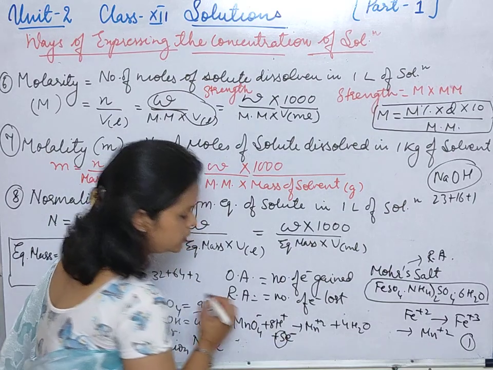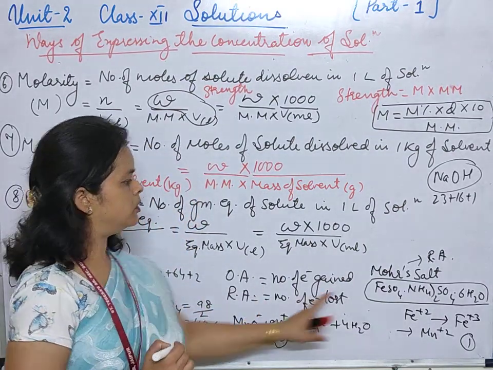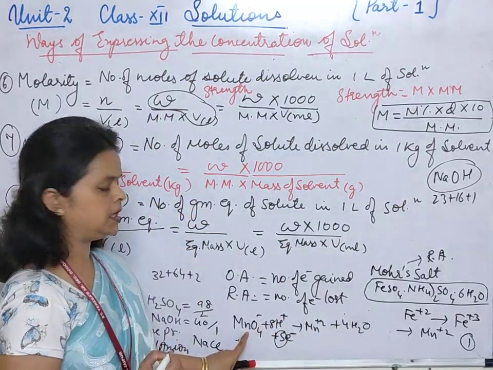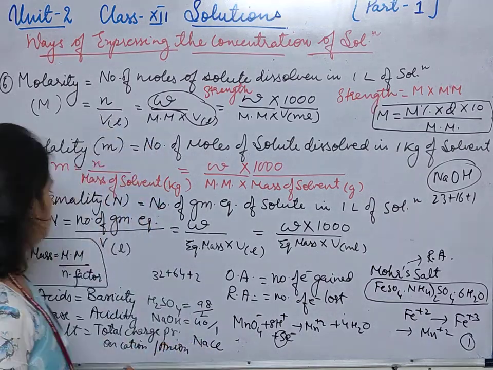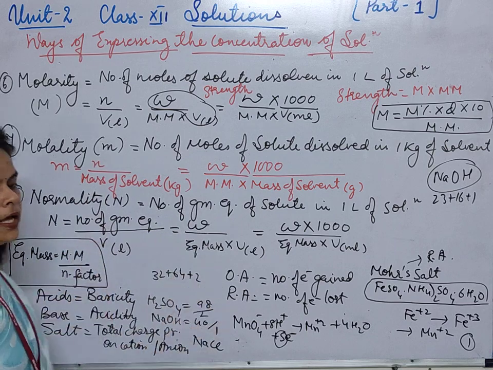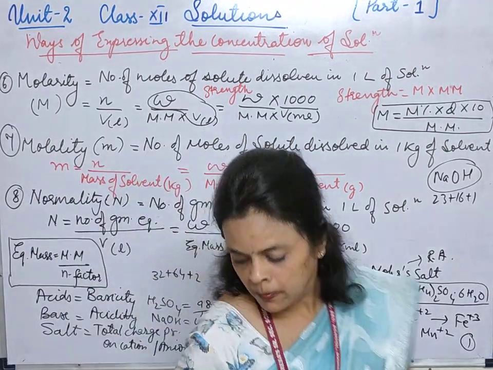So what is the n factor over here? 5. तो इसका molecular mass आप KMnO4 का निकालोगे, उसको divide करोगे 5 से and you will get the value of the equivalent mass. So a little bit of idea I had given you about the equivalent mass.